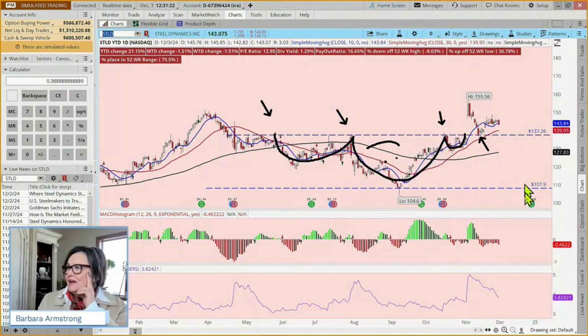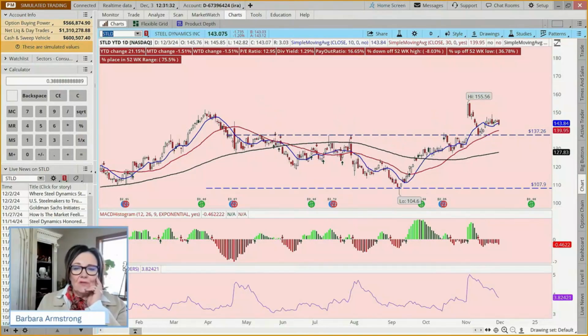And what's the range? About $30. So where might your target be? Well, maybe around 167. But there can be other trades that one could place that aren't target oriented. But if you wanted to put in a target, one could do that.